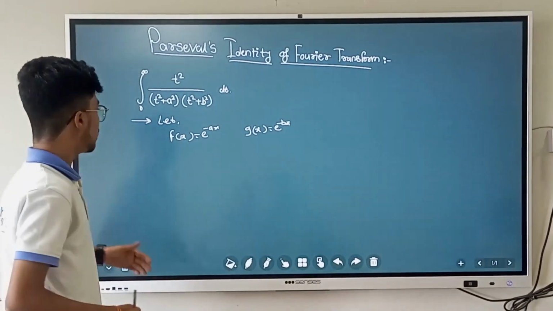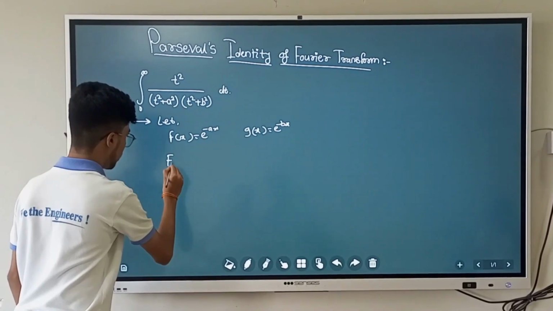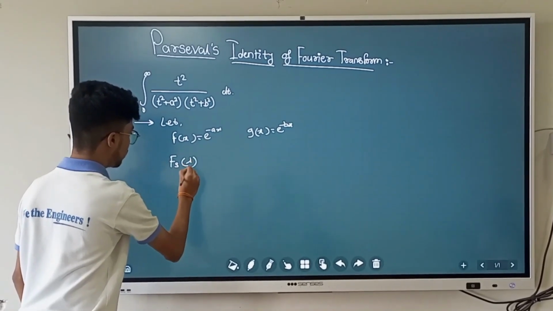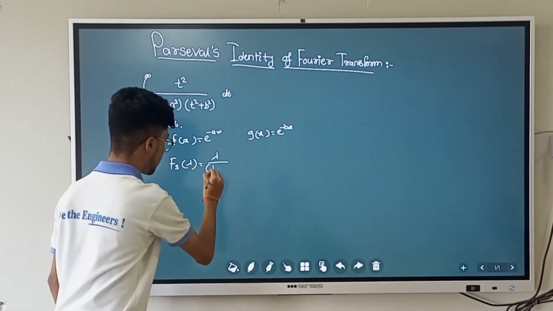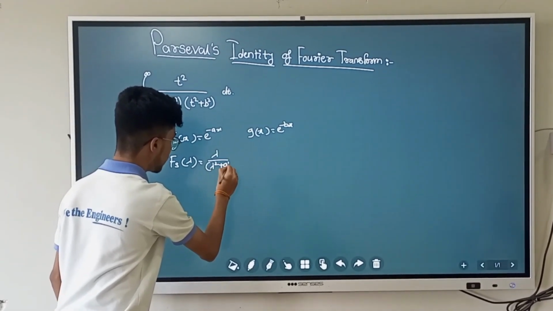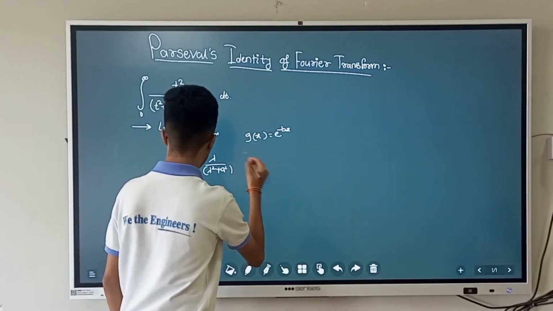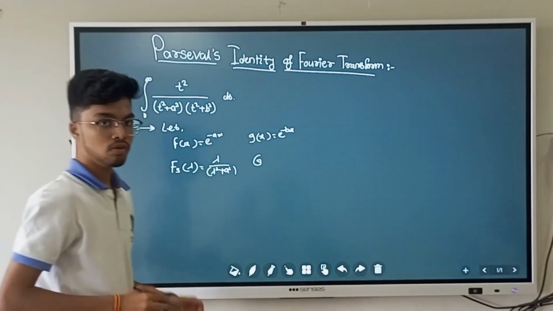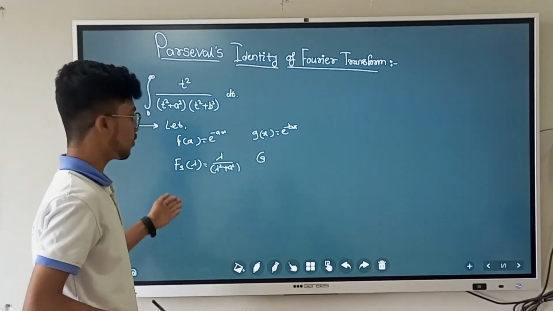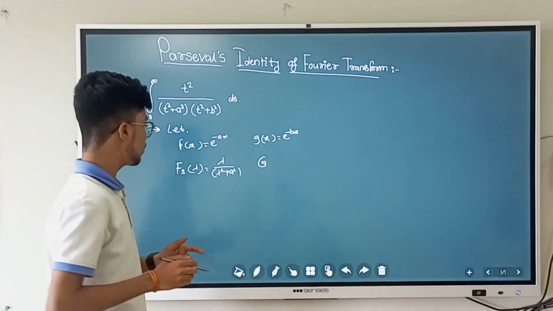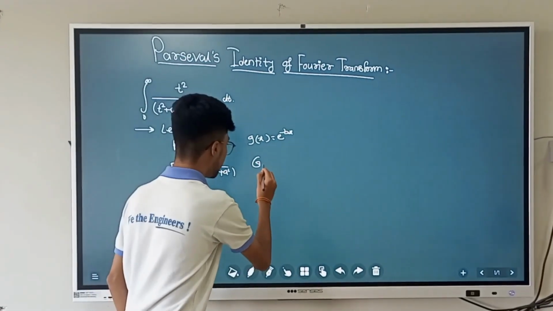So here the Fourier sine transform of this, which is Fs of lambda, is equal to lambda upon (lambda square plus a square), and here Gs of lambda is equal to, similarly, we will do for g of x. The only thing we will change is a with b. So let's write that.